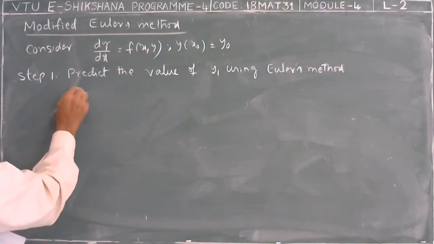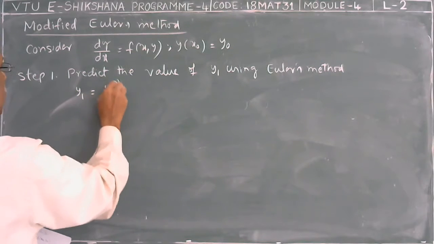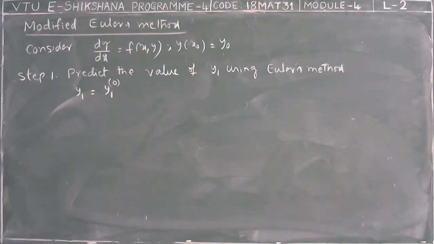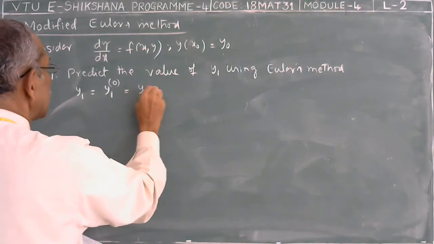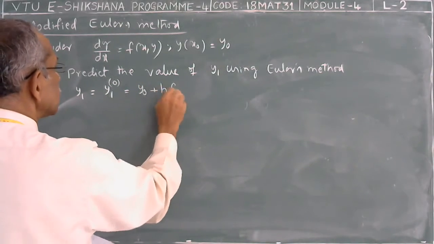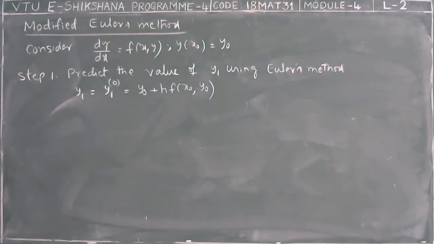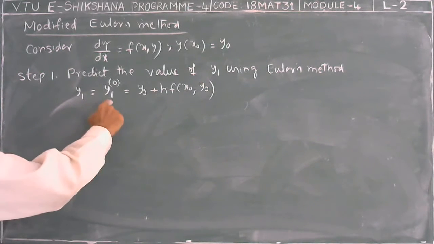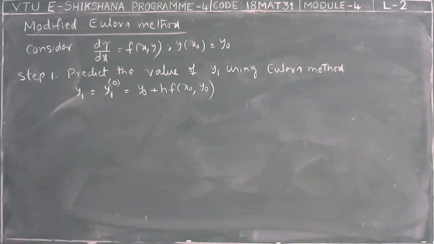That is y1, let us call this as y1 0 for iteration purpose, is equal to y0 plus h into f of x naught comma y0. So using this formula, that is Euler's method, first let us find out y1 or y1 0, both are okay, no need for replacement of this notation.